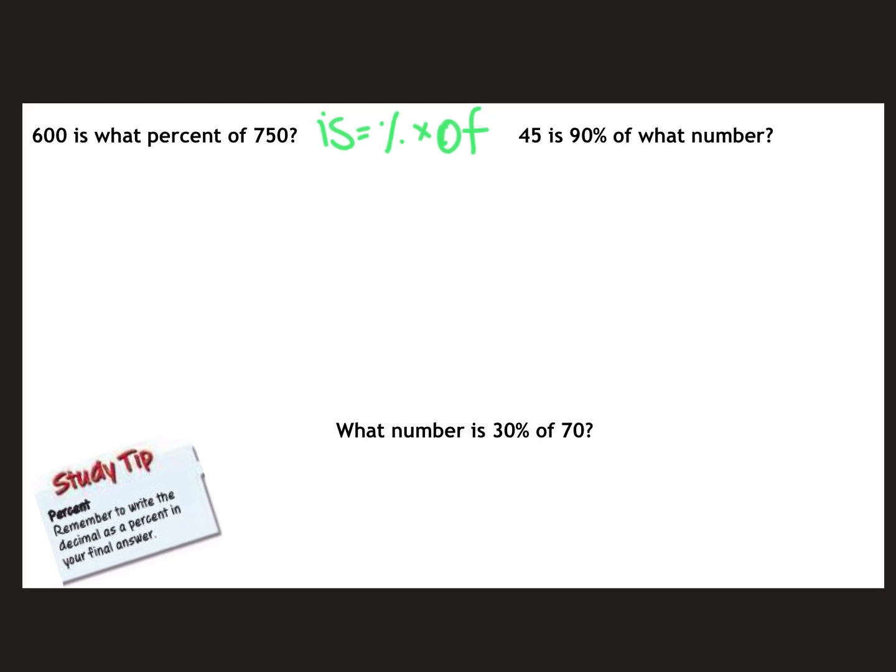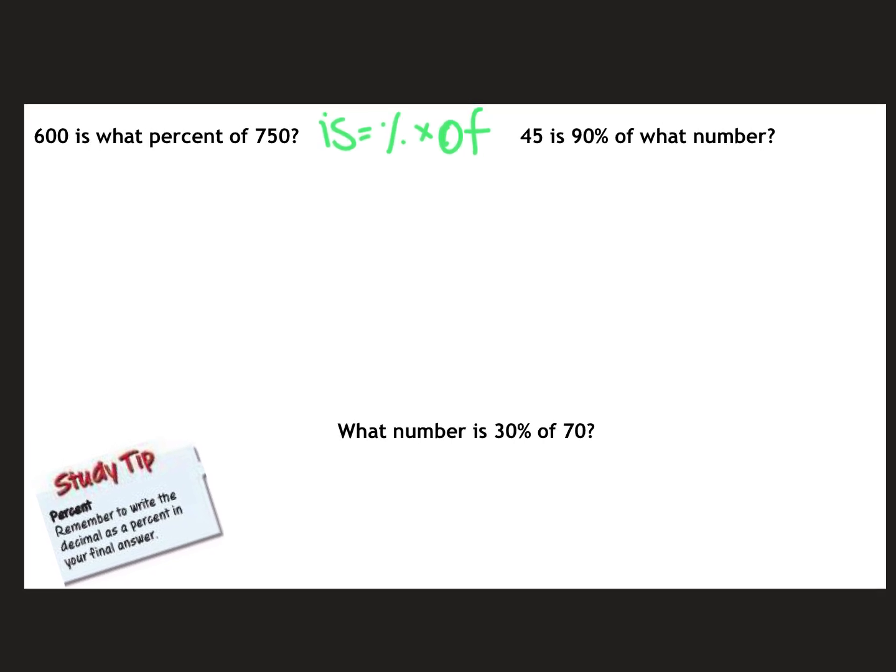So just like before, we're going to figure out what we have and what it is that we are looking for. So we have 600 is what percent of 750? And then we can just fill in our numbers from there. So 600 is, that's going to go in place of my is. The percent, that's what we're looking for. What percent tells me that's my variable. Of 750 means I'm going to multiply by 750.